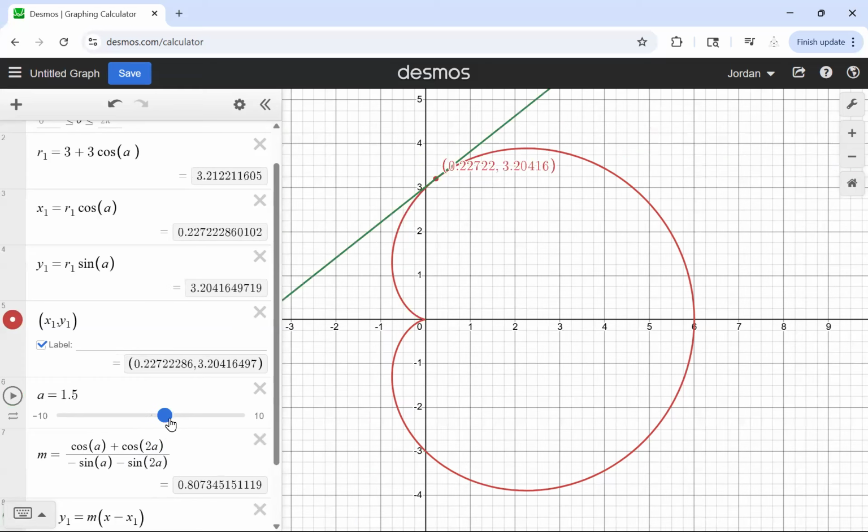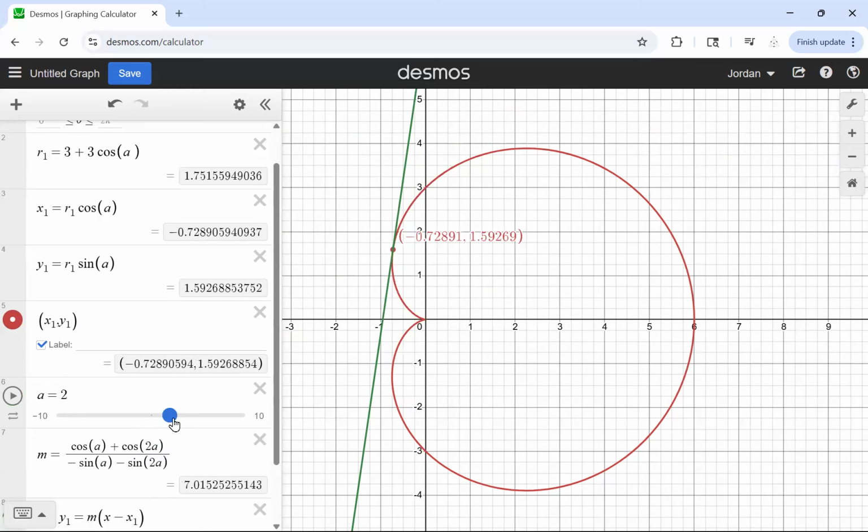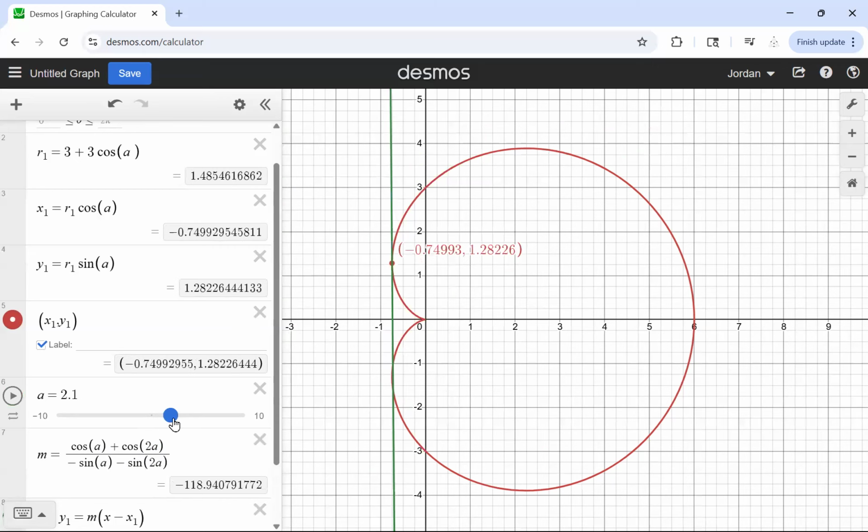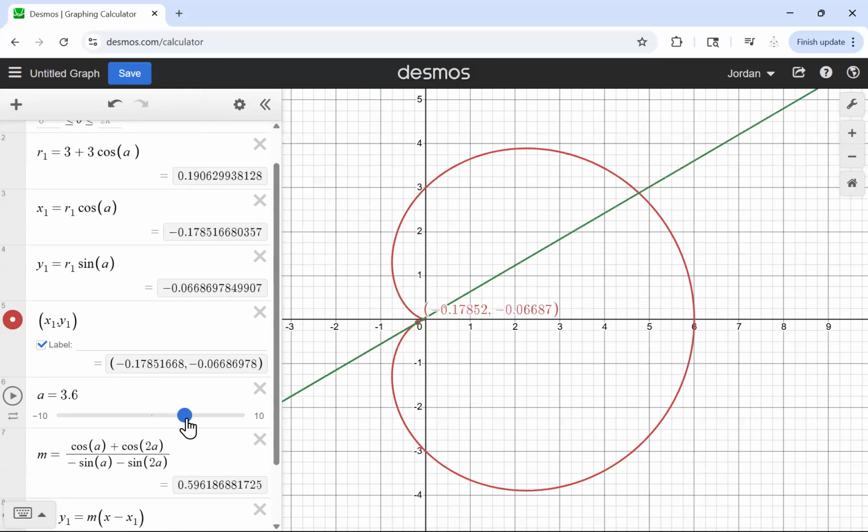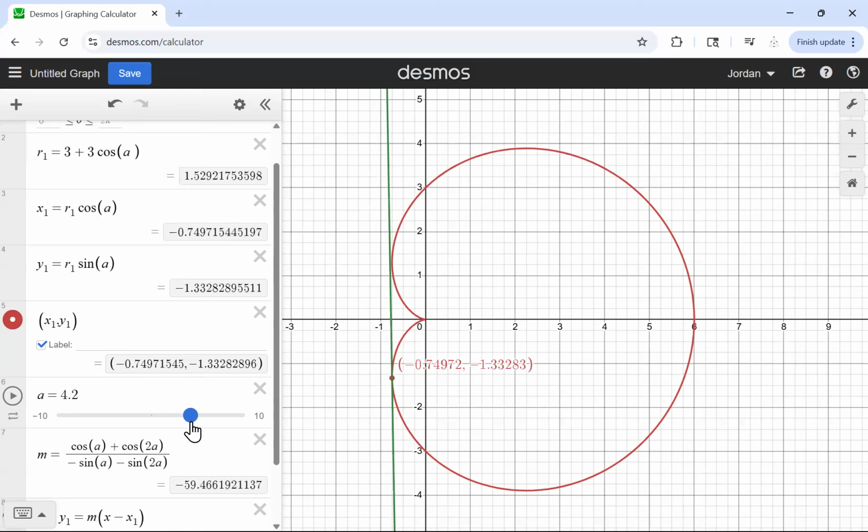And we have vertical tangent lines at a couple of different places. One is about right here. Again, that's when the denominator is 0 and the numerator is not. We also get a vertical tangent line about there.